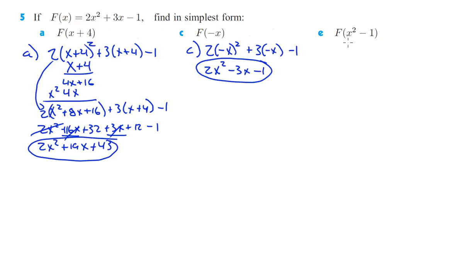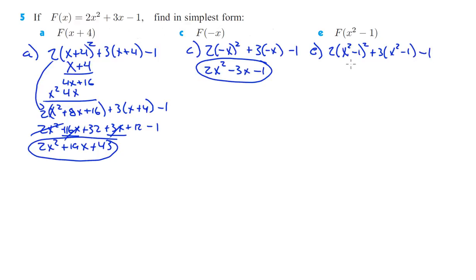So next one is f of x squared minus 1. So this is E. We've got 2 times x squared minus 1, that's replacing this x, squared, plus 3 times x squared minus 1, minus 1.